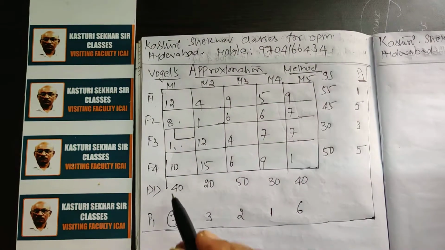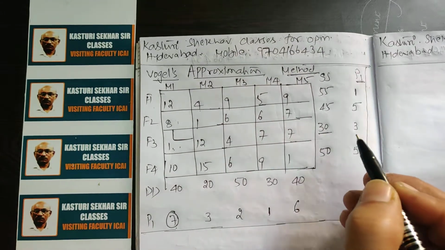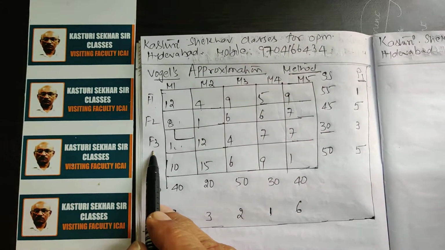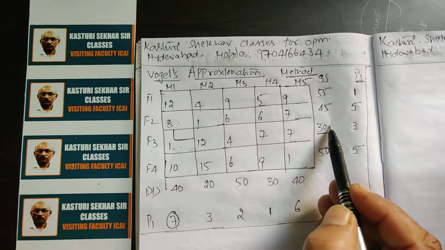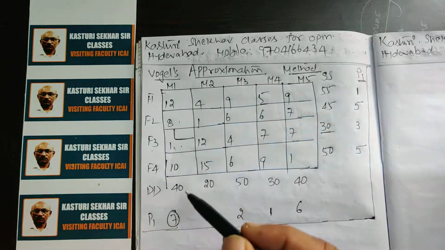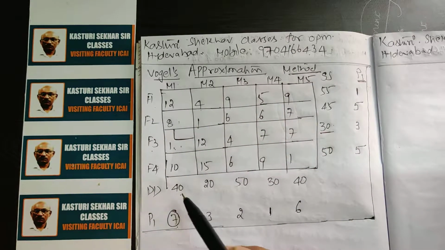How many units can I supply? 30 units only, because at factory number 3, 30 units are available. But market 1 requirement is 40 units.